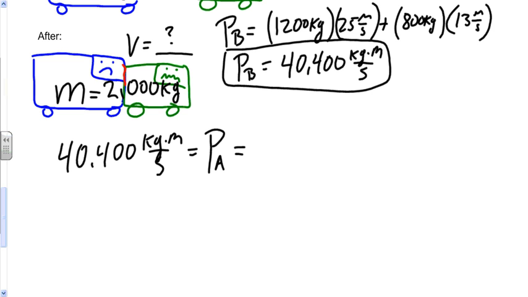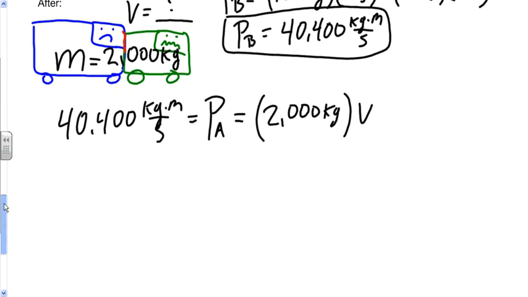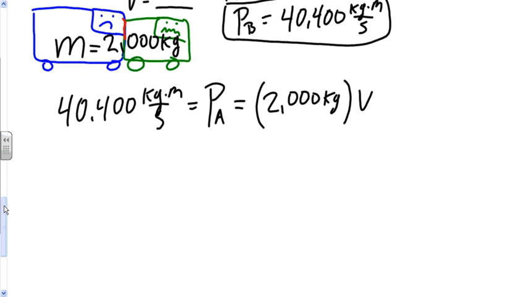So when we talk about our mass times velocity, we're going to do a mass of 2,000 kilograms times a velocity v. Now to solve for v, we divide by 2,000, and so doing so we get v equals 40,400 divided by 2,000, which comes out to be 20.2 meters per second.